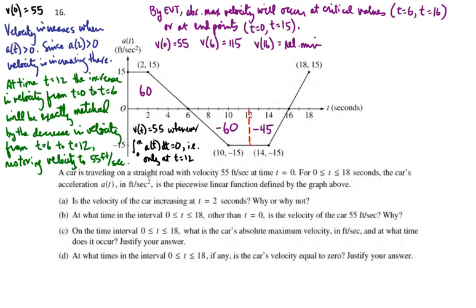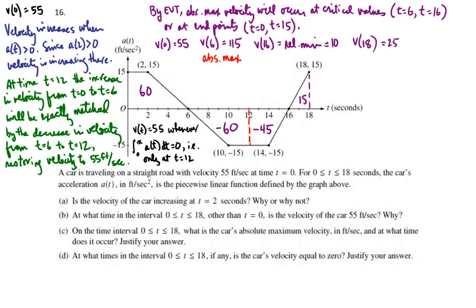I was at 115 at t equals 6, and I'm countering that with minus 105. So the velocity will be 10 feet per second at t equals 16, and we'll add 15 more feet per second by the time t equals 18, so v of 18 will be 25. And so the absolute max occurs at time t equals 6, and that velocity is 115 feet per second.